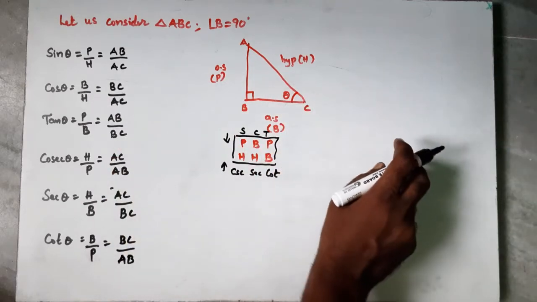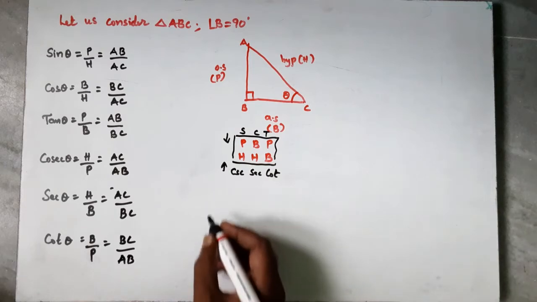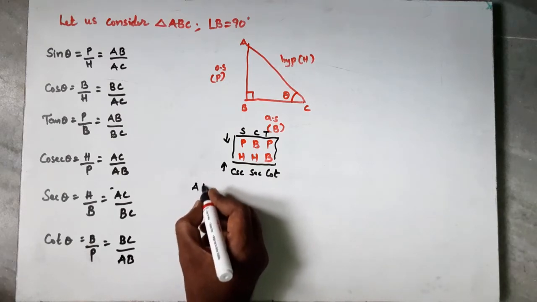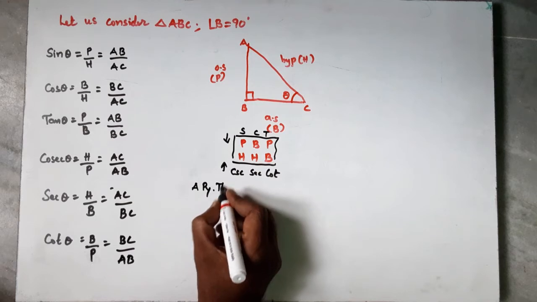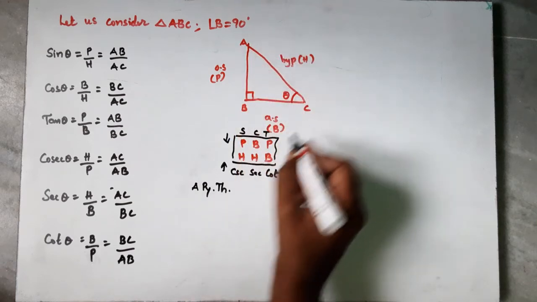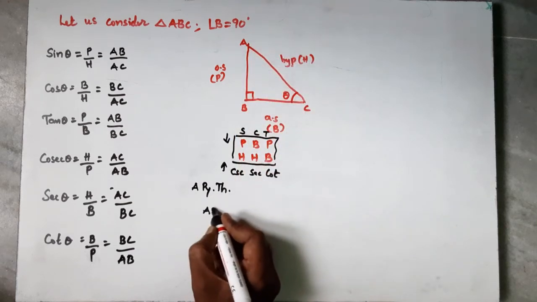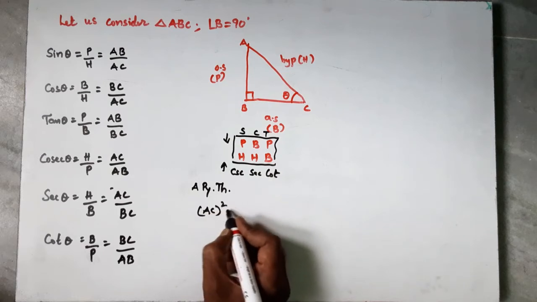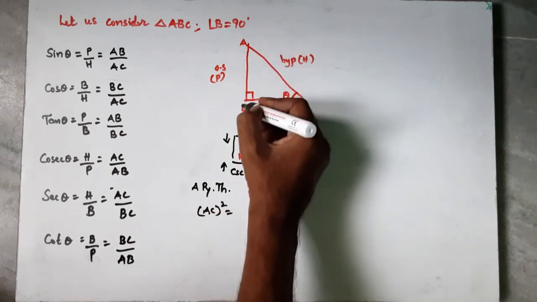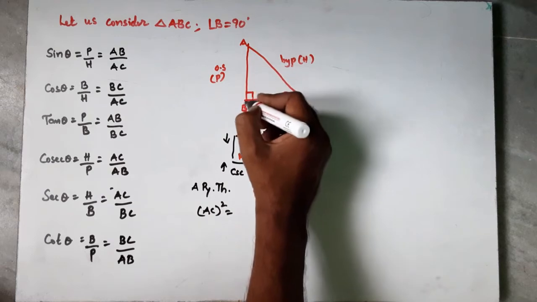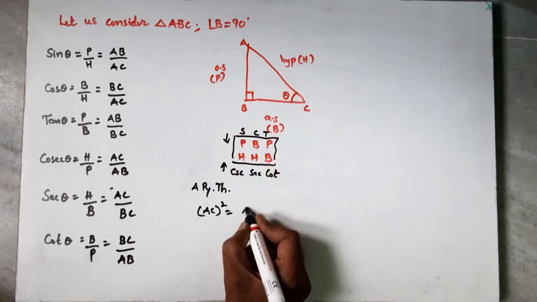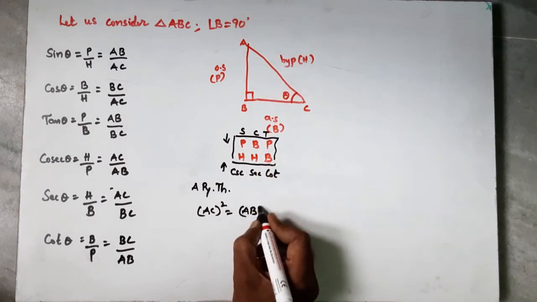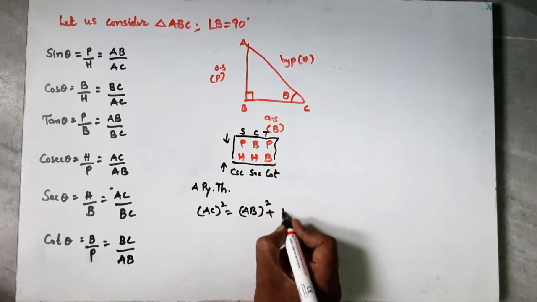Now according to the Pythagoras theorem, we know that the square on the hypotenuse, that is AC square, is equal to the sum of the squares on the other two sides, that is AB whole square plus BC whole square.